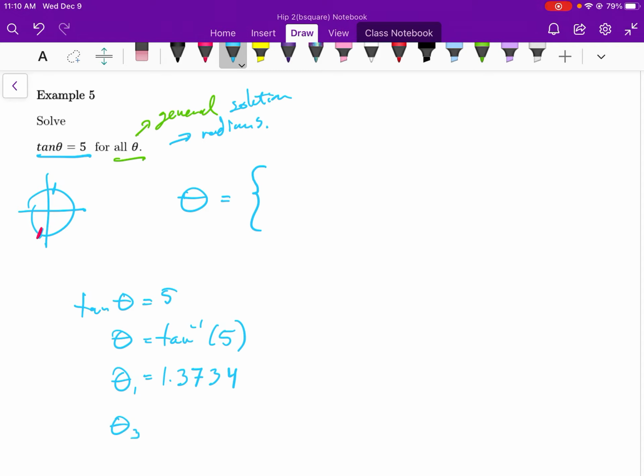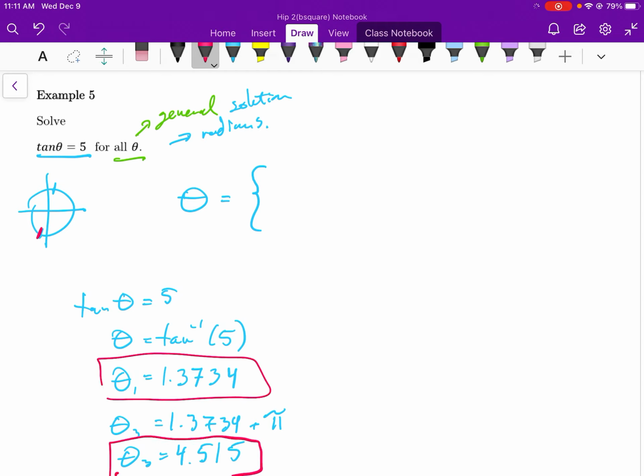My theta 3 will simply be 1.3734, that big long string that's in my calculator, plus pi. And if I add pi to that number, sorry, having calculator issues, what I get is my theta 3 is equal to 4.515. So those are my two answers, and by the way, I've rounded to 3 decimal places.